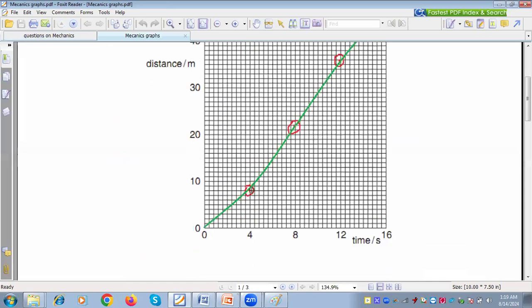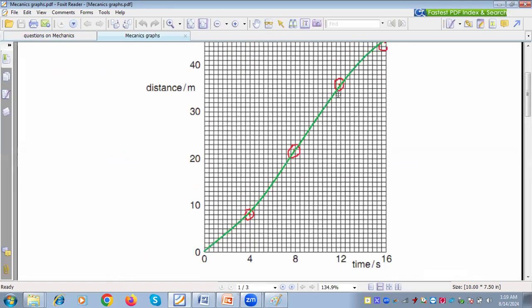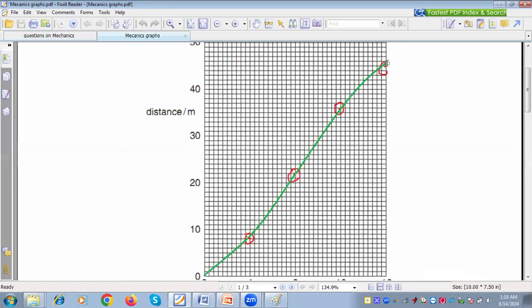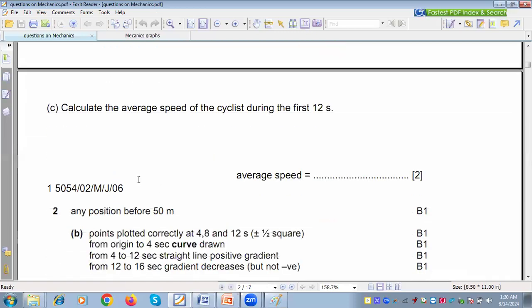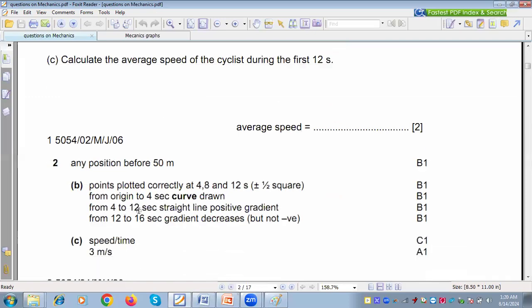In 4 seconds, he has covered 8 meters, in 8 seconds 22, and then in 12 seconds 36. Then he is slowing down, so any position could have been marked. Here I have marked 44. The marking scheme is also included.